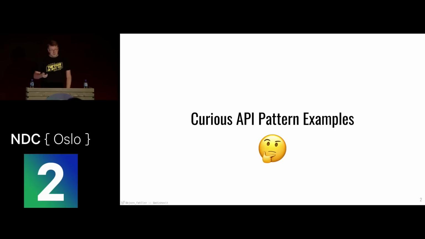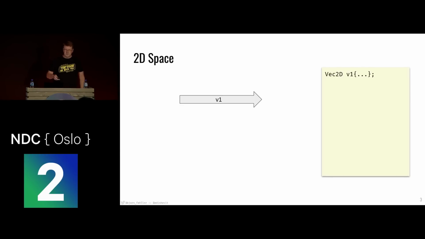Also, a curious thing about this is that we're going to tell you things that you already know. And despite this, we really think that we're going to change the way you view API design. So, without further ado, let's dive into some examples. A number of examples here.